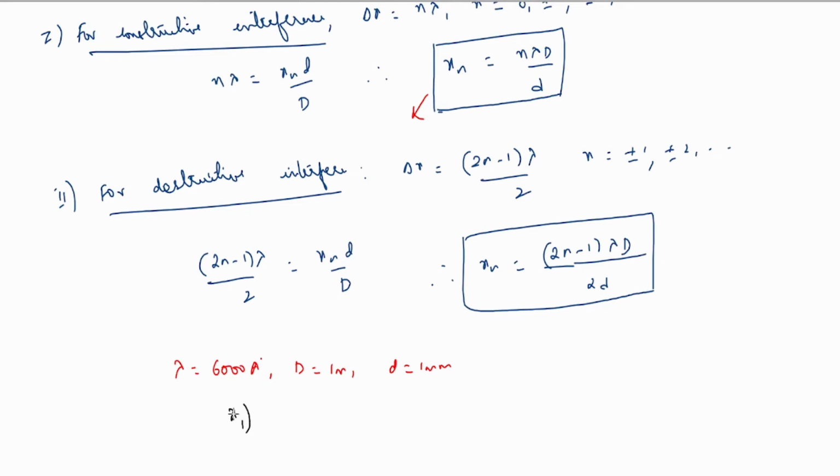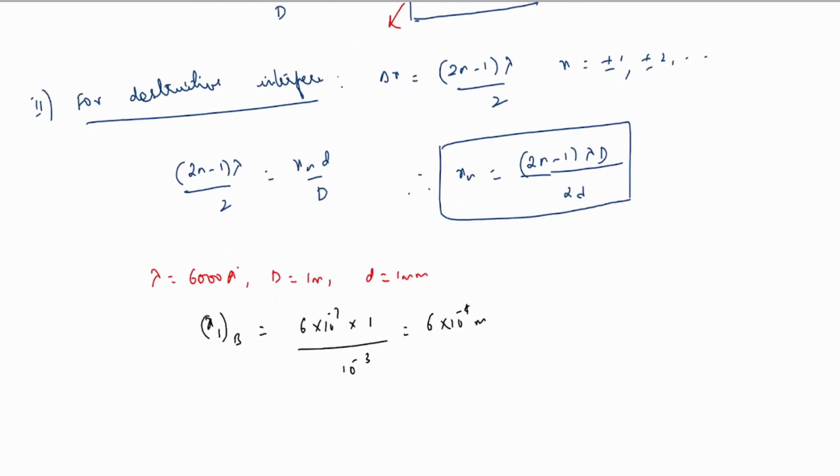I call it x1 for the bright band. That is equal to n is 1, lambda 6000, which is 6 into 10 power minus 7, and D is 1 and small d is 10 power minus 3, which means it becomes 6 into 10 power minus 4 meter. Which means at this distance of 6 into 10 power minus 4 meter from the center, we get a bright band.